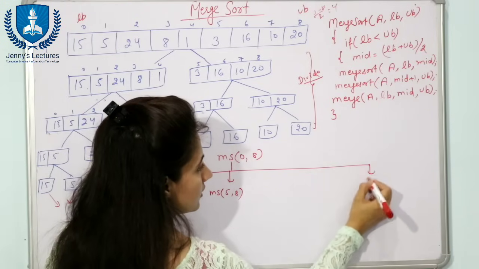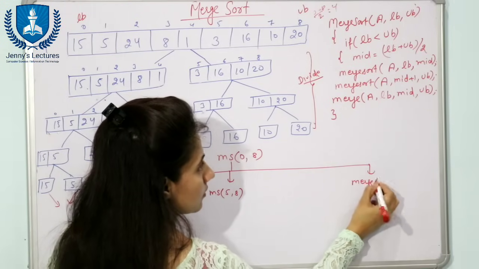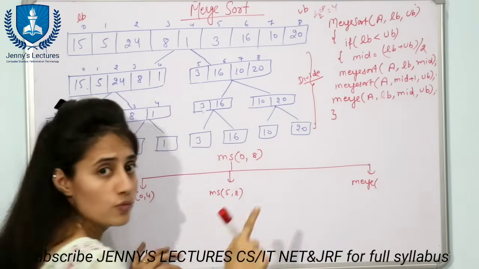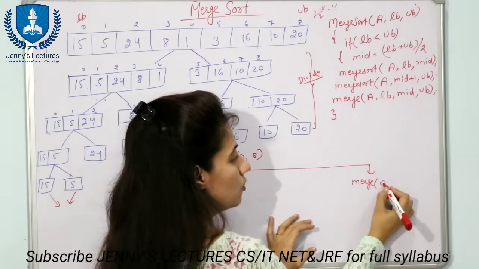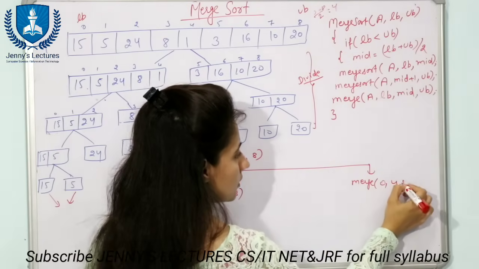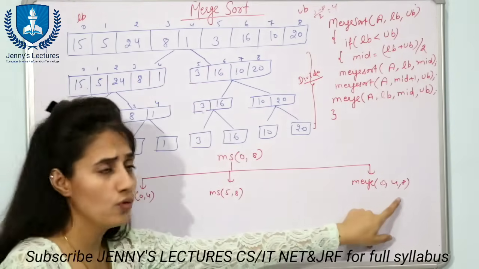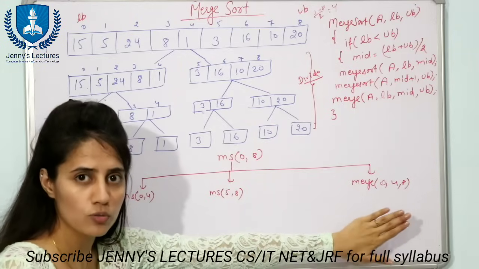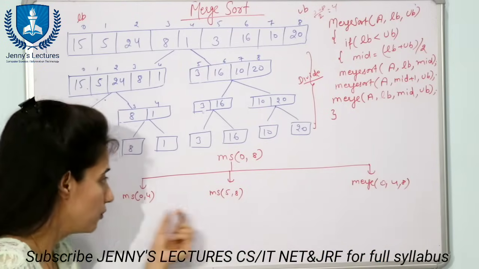And next is this merge, which would be lower bound 0, mid 4 and upper bound 8. From 0 to 4 and 5 to 8 we are going to merge these arrays, but after sorting of these sub arrays.